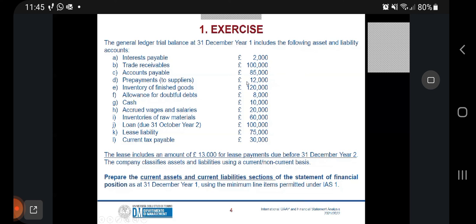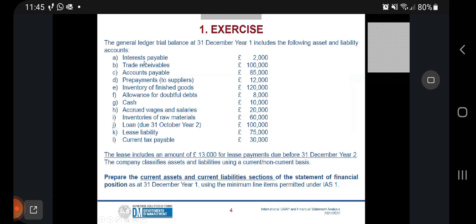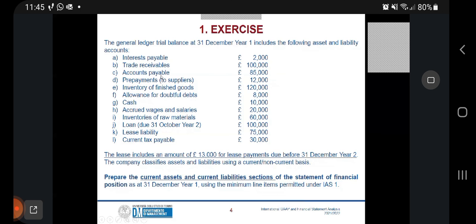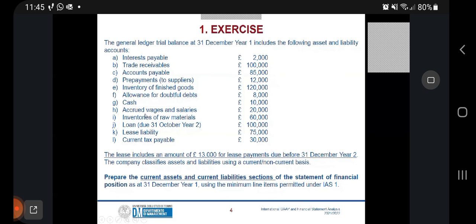On the opposite side, current liabilities, you have to consider 2,000 for interest payable, 85,000 for the accounts payable, and then 20,000 for accrued wages and salaries.